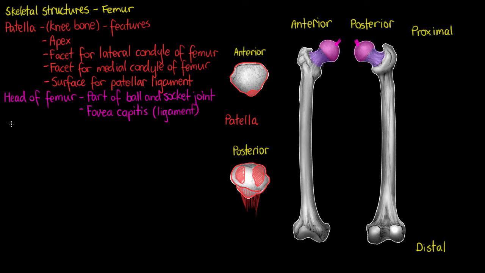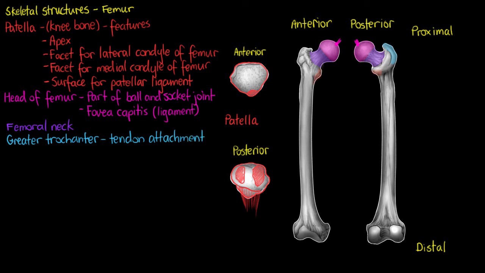Now just below the head of our femur, we can find the femoral neck, which I've just highlighted in purple here. We don't really need to know much more about the femoral neck, apart from it's the spot that's right below the head. If we move on to the next unique structure that I've highlighted in blue on the proximal posterior side of the bone, we can see the greater trochanter.